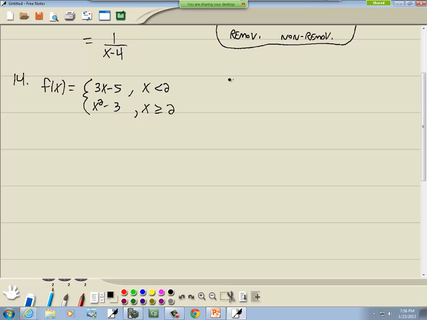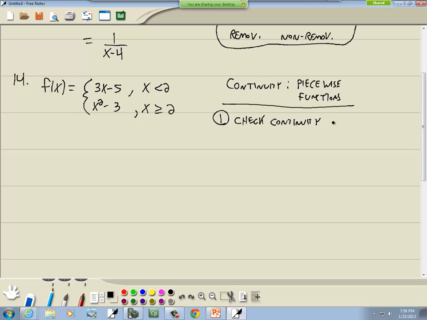Let's talk about continuity of piecewise functions. Well, first thing we're going to do is check the continuity of each piece.